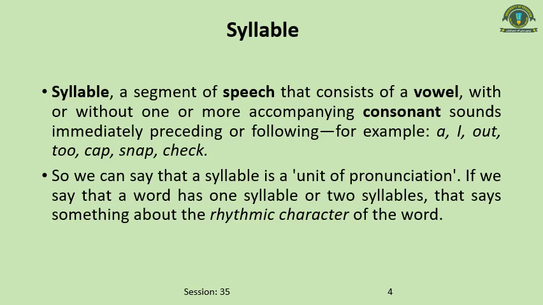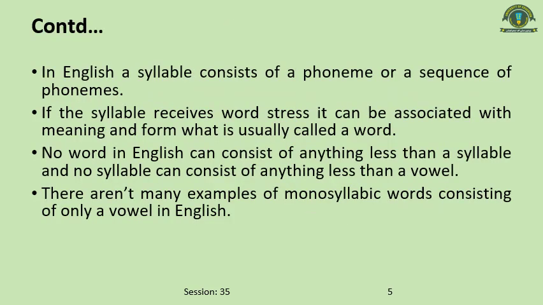It's the rhythmic character of the words of the English language. And you know how English is spoken. Stress-timed, isn't it? You cannot stress each and every syllable. Is it clear?